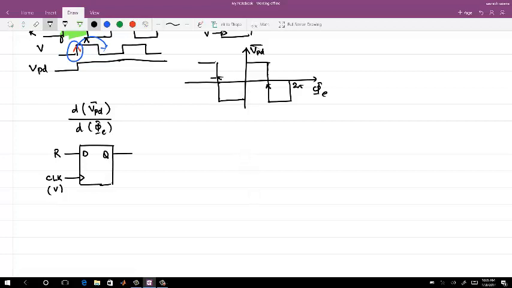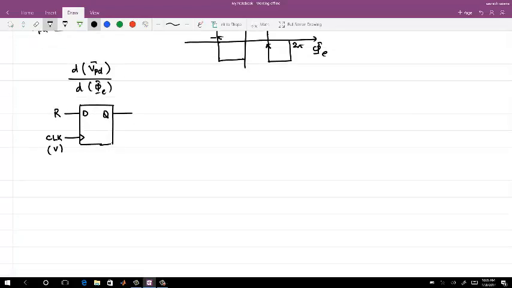Now if in the same case one of these signals is a noisy signal, let's say this is a clean signal R, and then I have the clock signal. Right now I'm assuming the frequencies are the same.